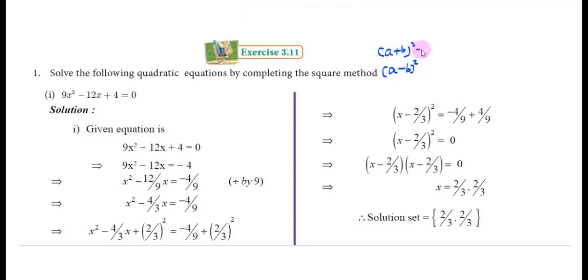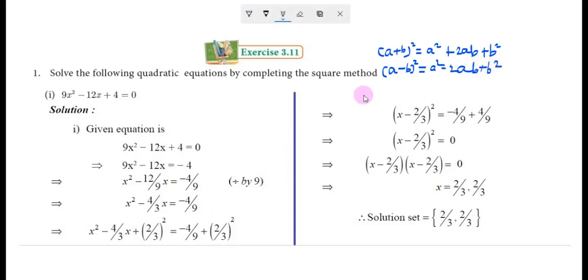A plus b the whole square, we know that this is a square plus 2ab plus b square, and a minus b the whole square, this is a square minus 2ab plus b square.